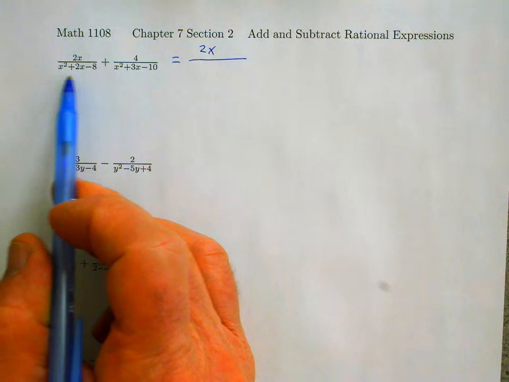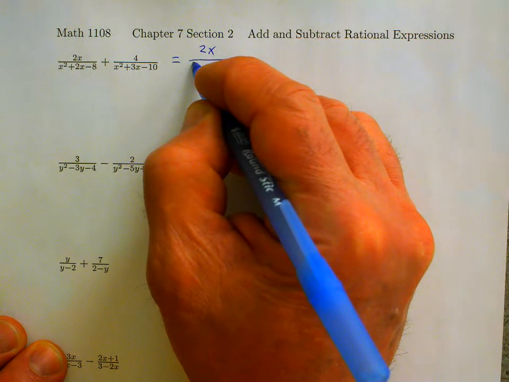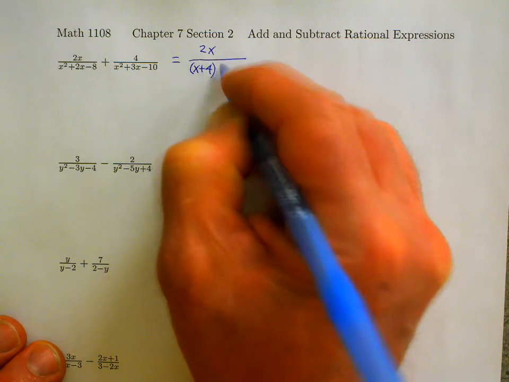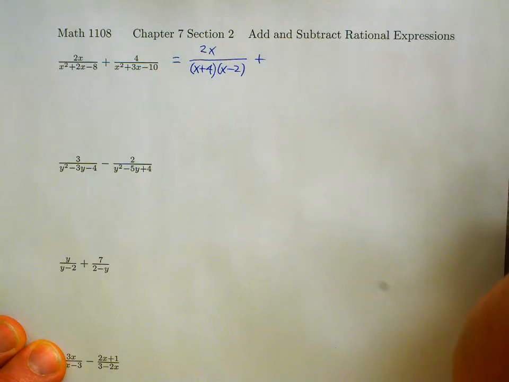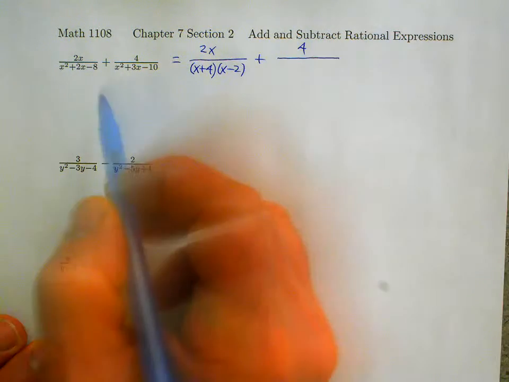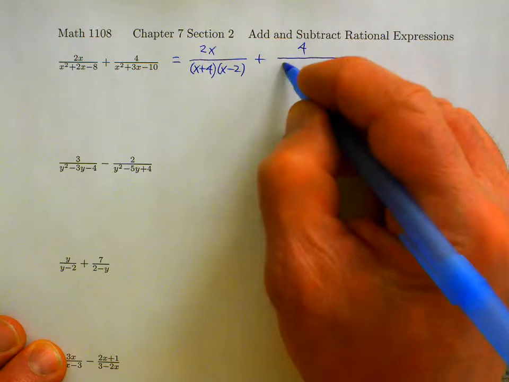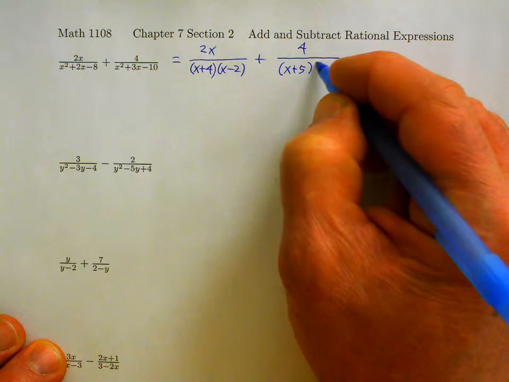So x squared plus 2x minus 8, it doesn't take too long to find that the factors are x plus 4 and x minus 2. And then the other one, the x squared plus 3x minus 10, that is x plus 5 times x minus 2.